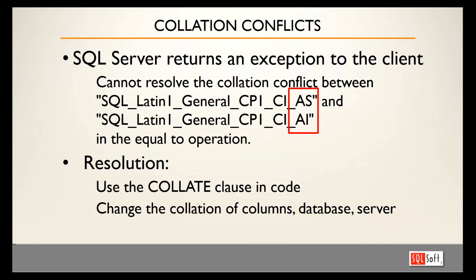So this is the message that you will see if you are having collation conflicts. This is returned as an exception back to the client. So if you have just changed your collation and you get this message, hopefully this is something that comes up during testing and not something that your users are seeing.